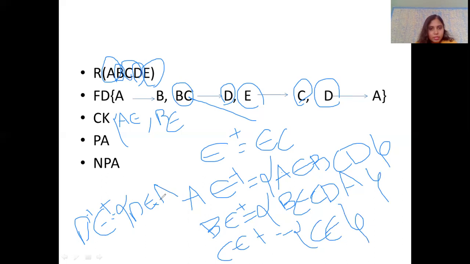Now I'll take E. Is E determining any attribute? Yes, E is determining C. So I will write C in my list. Next A. Yes, A is determining B. I will write B here. So here I have got all the attributes in the list that are there in the relation. So I'll stop at this point and I will write DE in my candidate key list.